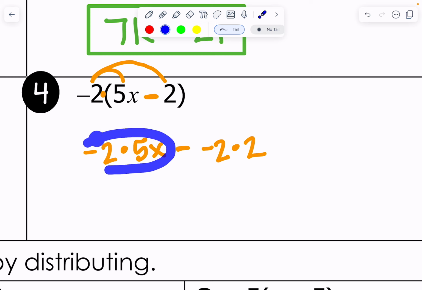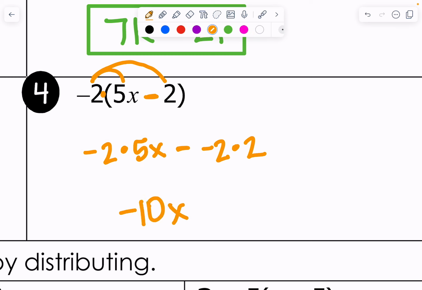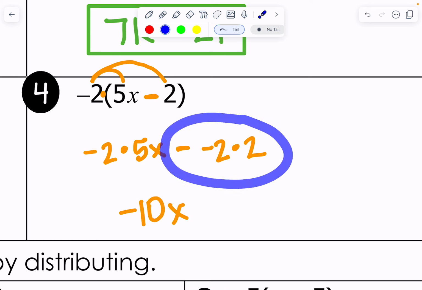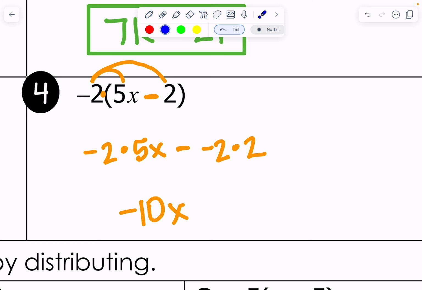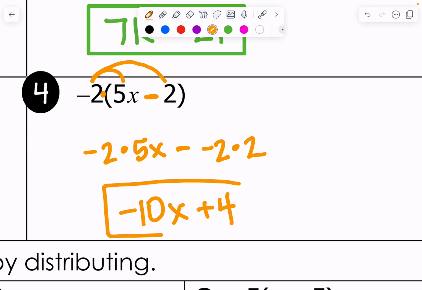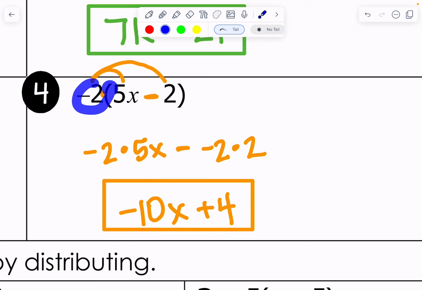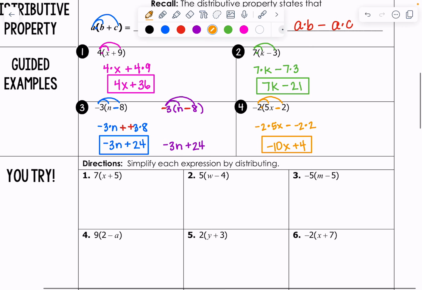So this is going to become -10x. And this is going to become what? Plus 4. We have this -2 that we're multiplying to essentially that -2, which is how we're getting this plus 4 right here. All right, so this is what's going to happen.